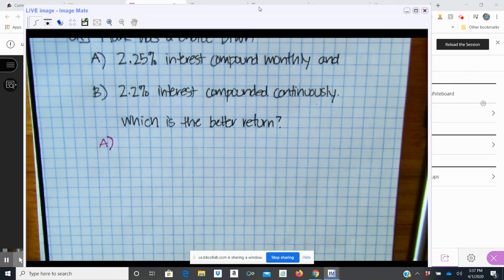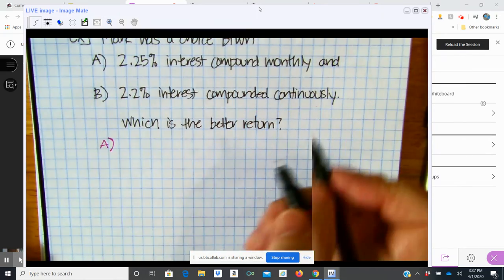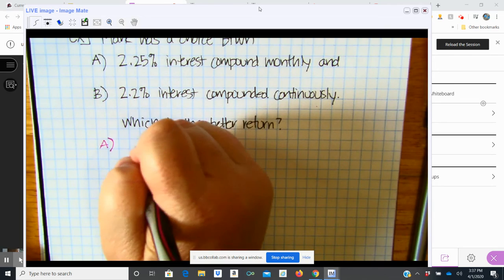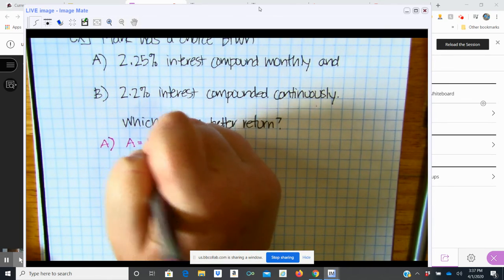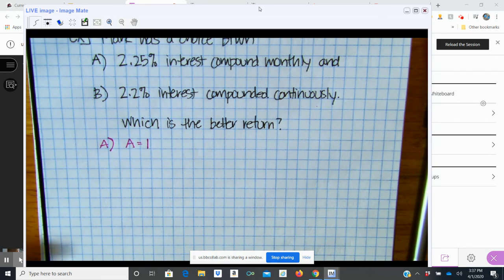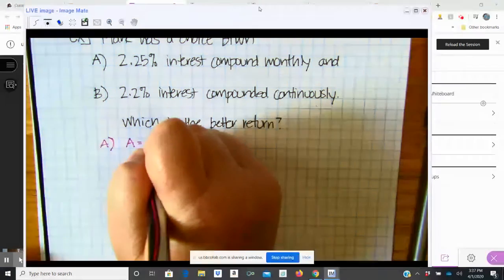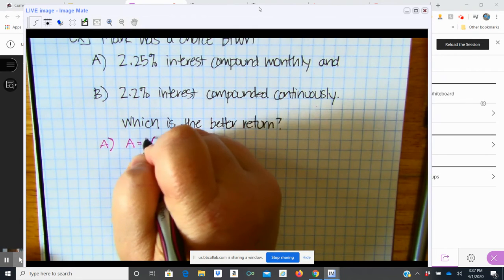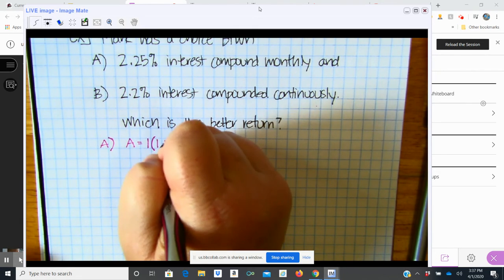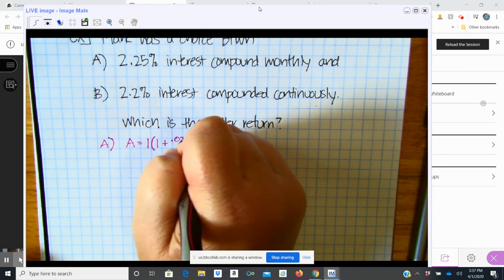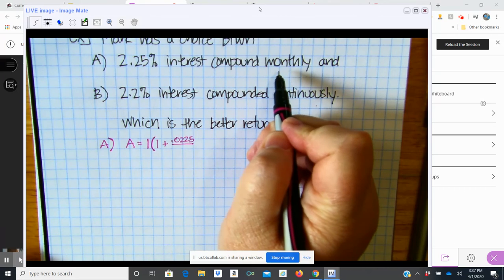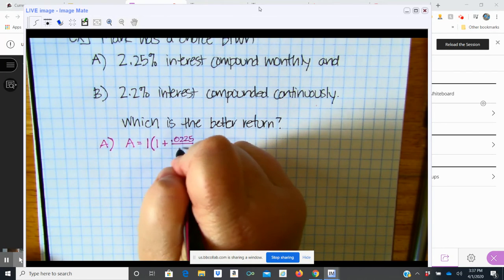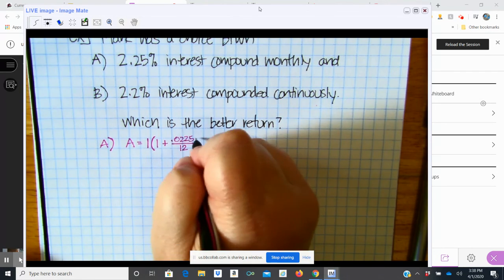For part A, this is compounded monthly. So our amount for just $1, I just want to calculate it for $1. All I need to know is which is bigger. If I put $1 in, 1 plus 0.0225 divided by the number of compounds in a year, which is 12.